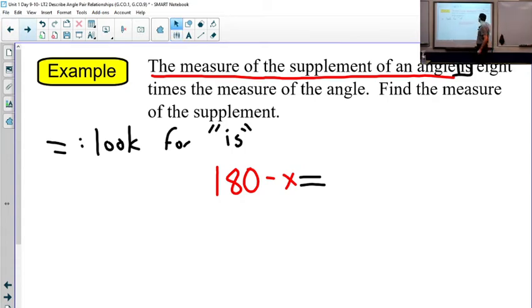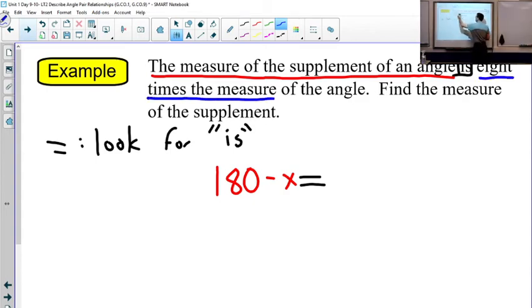Then over on the right side, we have 8 times the measure of the angle. The measure of the angle. Oh, we're talking about the angle? That means we're just going to write x, just x to stand for the angle. And then is anything happening to the angle?